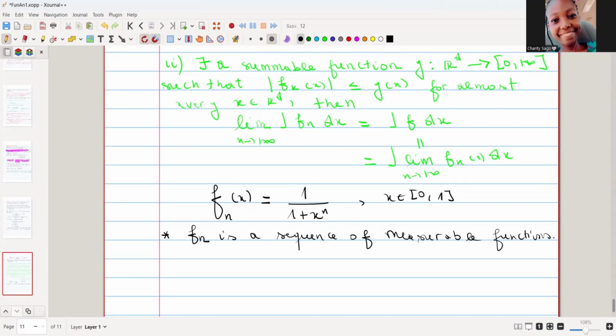Now, what is the limit of fn? According to you, what is the limit of fn?